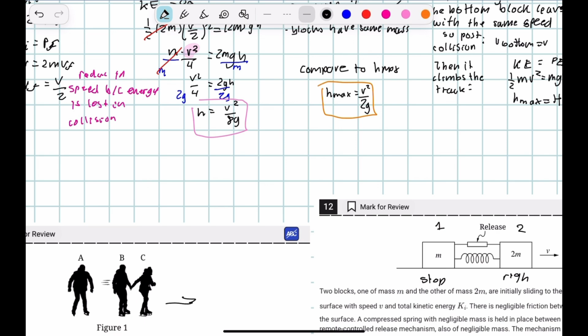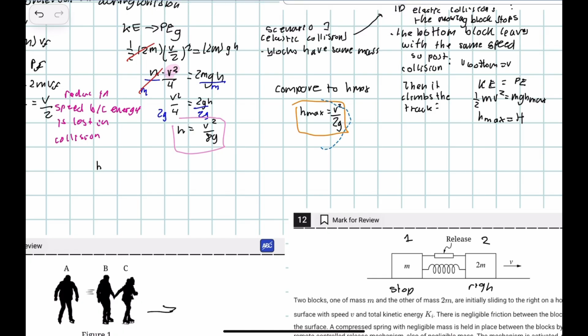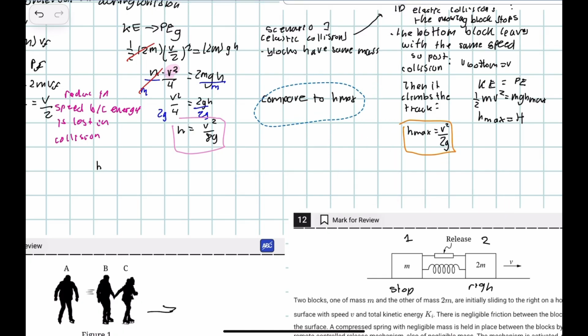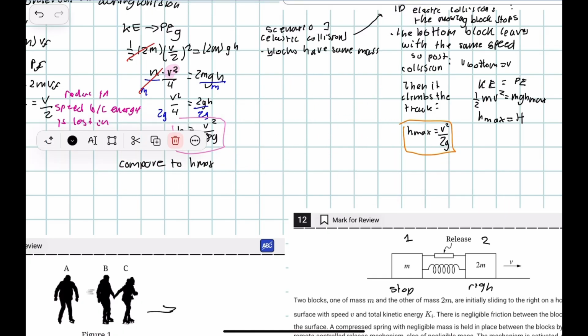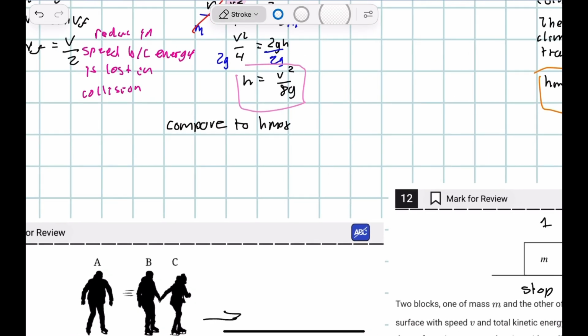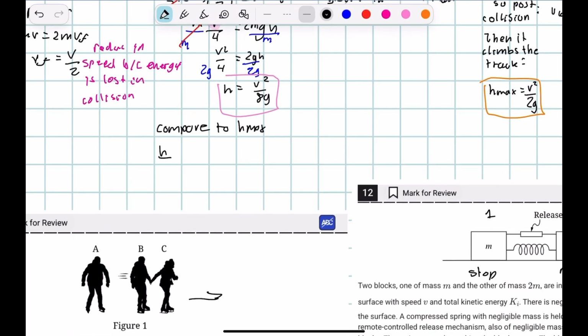Then you can take the ratio, comparing this to h max, a comparison of the two. So h over h max is going to equal v squared over 8g divided by v squared over 2g.